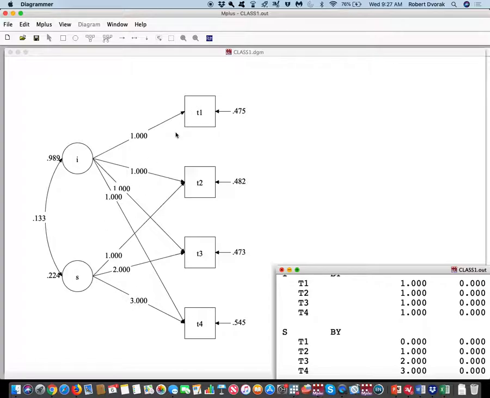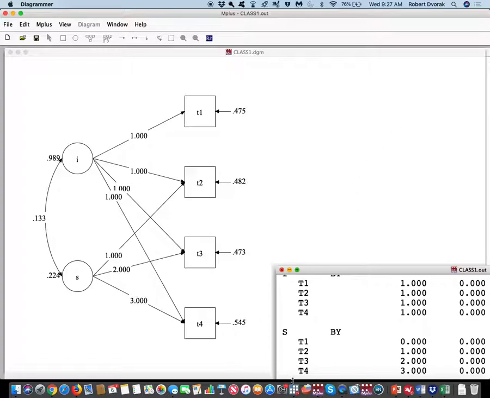And technically this one should be coded as 0 going to this time point. So what is our intercept going to be? It's going to be what we just talked about in regression, the mean of our 0 group. Which group here has a 0 path going to it? I mean, it's not there, but trust me, M+ doesn't put it there because it's a 0 path. It's the mean of time 1, right?